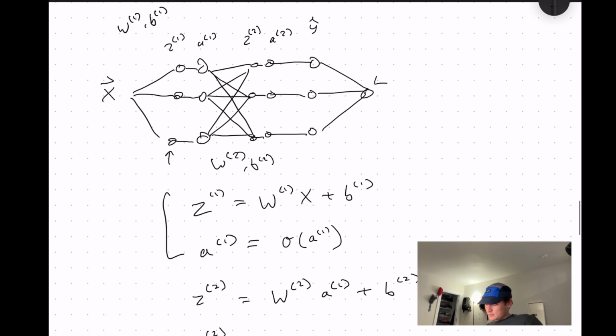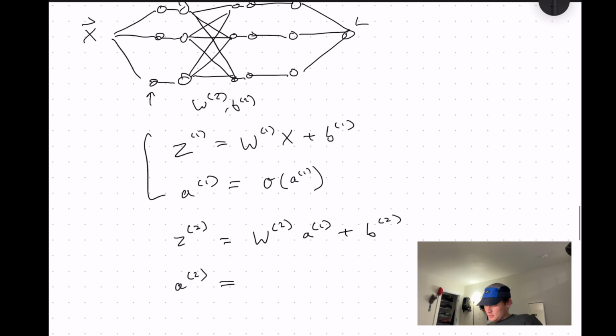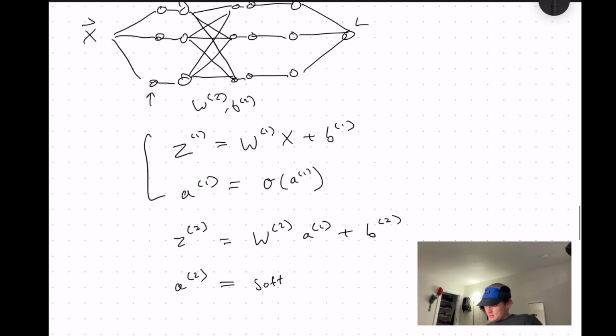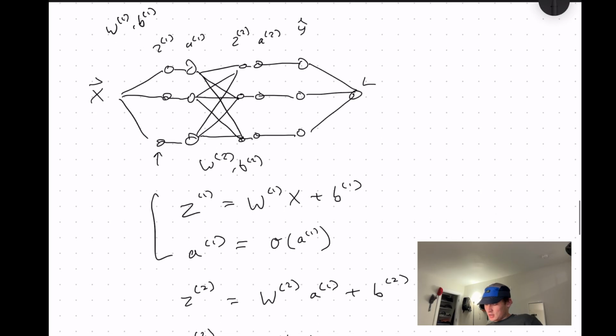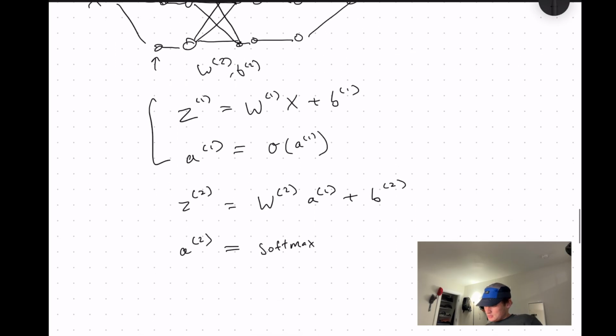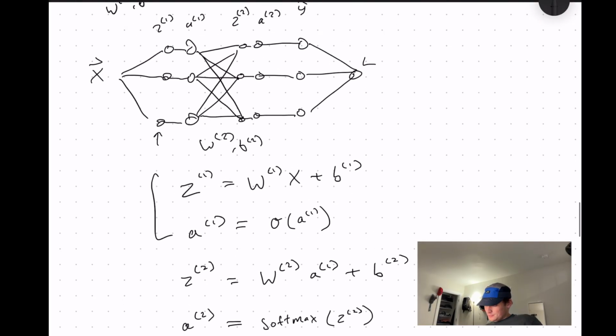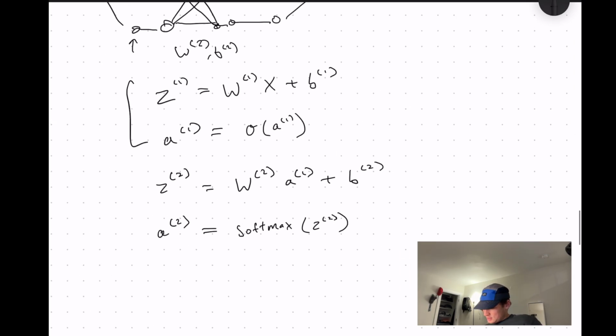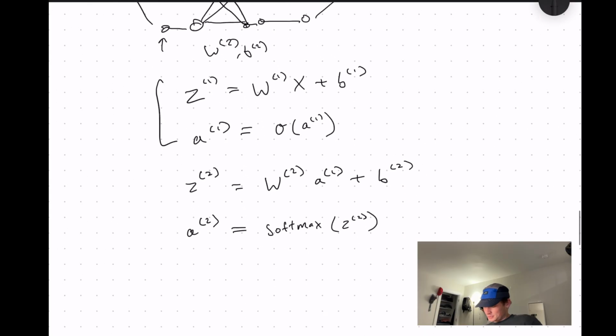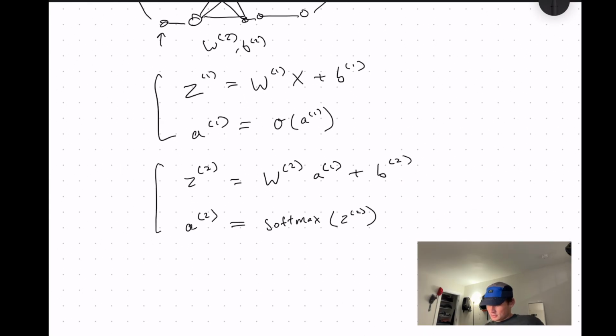And now, instead of doing a sigmoid, we do the softmax, because this is our output. And they are kind of the same thing. If you're only predicting two classes, then it's kind of the same thing. But it's still confusing.